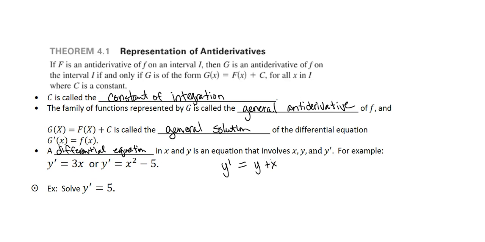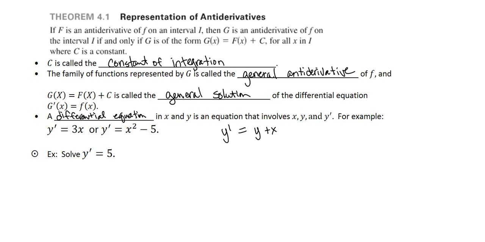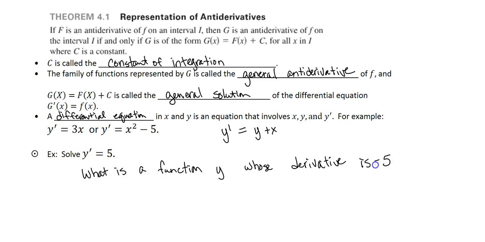So we're going to get into some very basic differential equations in this section. You'll talk about them a little bit more later on in the course, and if you're interested in this and you want to go further, there is an entire course in differential equations. So to solve a very simple differential equation, we have y prime equals 5. The question that we're asking ourselves is, what is a function y whose derivative is equal to 5?